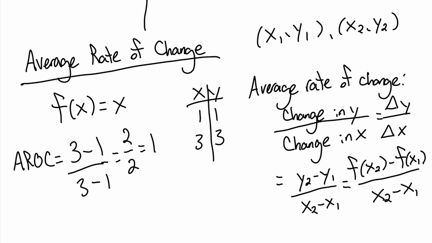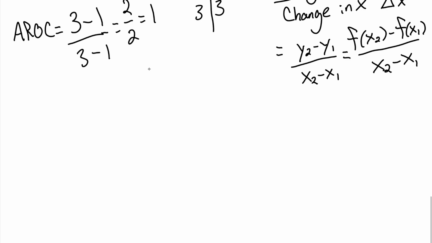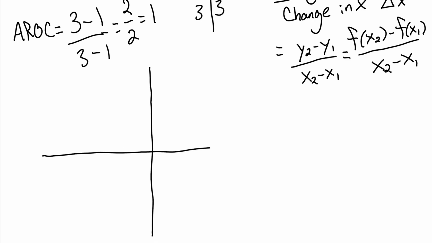Let's look graphically at what we are doing here. Because this is the actual formula for the slope of a line, if we have two points, say (x1, y1) and (x2, y2) up here, the function can be doing whatever in between.